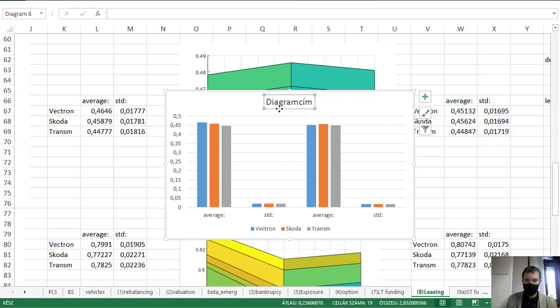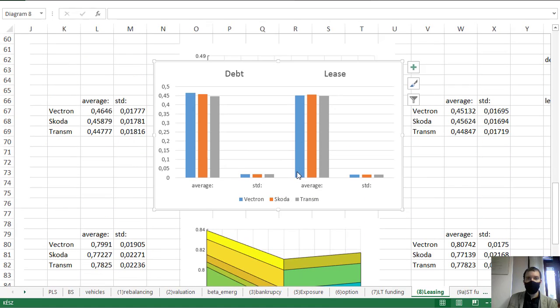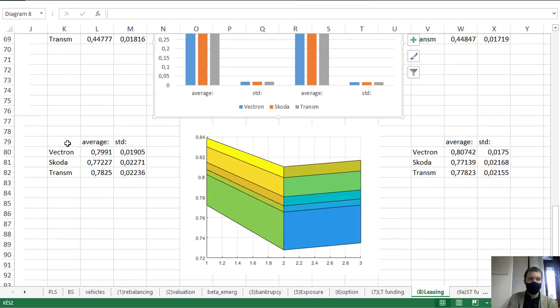Actually, we should have two titles. I think this is maybe not the nicest, so I should use error bars here, but for comparison it's good enough.